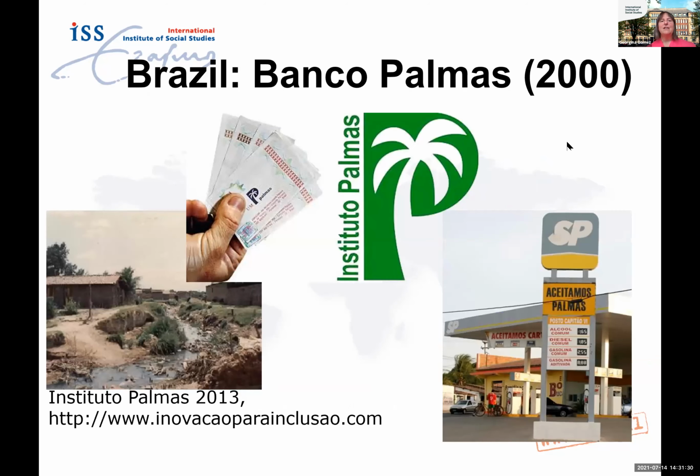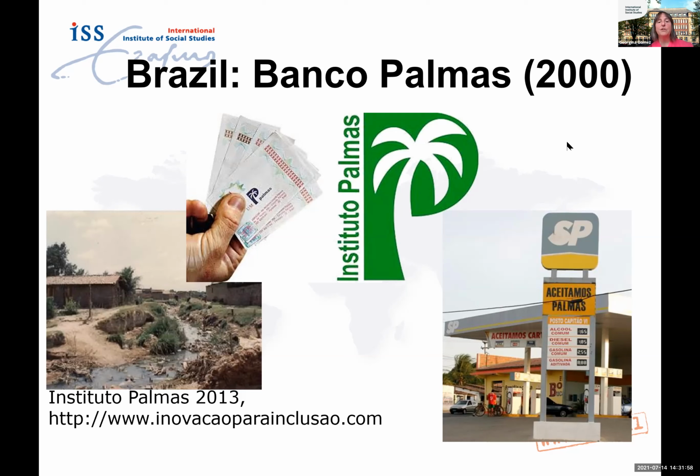In Palmas, in the northeast of Brazil, probably the poorest area in Brazil, a community started with this principle of owing and lending to each other. Eventually, this developed into what they called a community bank.